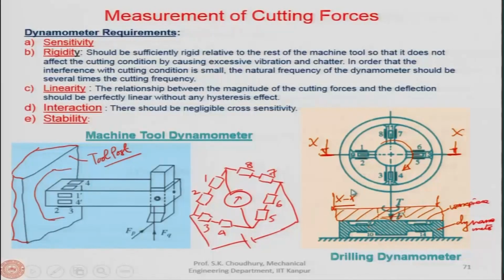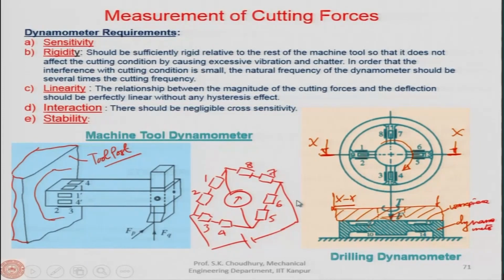That is very easy to monitor that way, because you are directly getting the curve, that is how the force is changing, or how the force behaves as the cutting process goes on. Okay. So, you can also find out the magnitude of the force, that is the basic purpose, that what is the magnitude of the force.